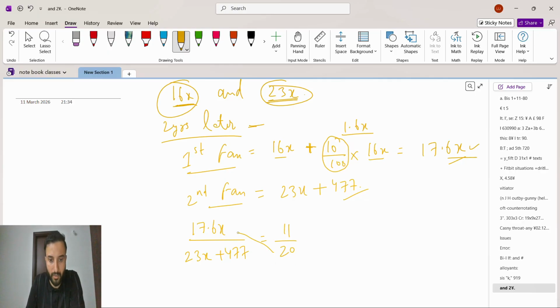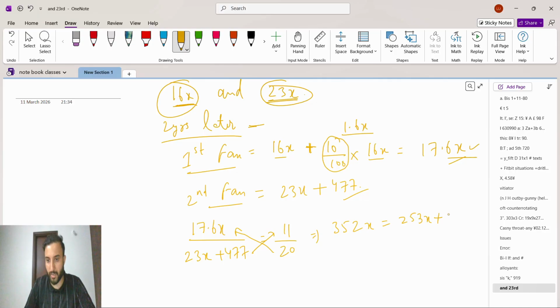So what will we do? Cross multiplication. So 20 into 17.6 will get 352. 352x equals 11 into 23. 23 into 11, 253x plus 11 into 477.